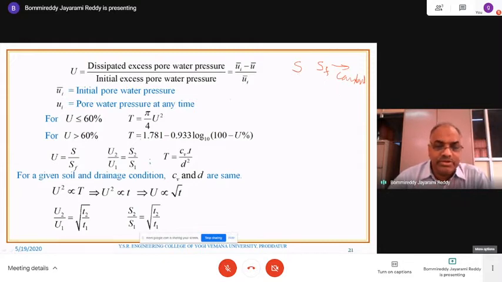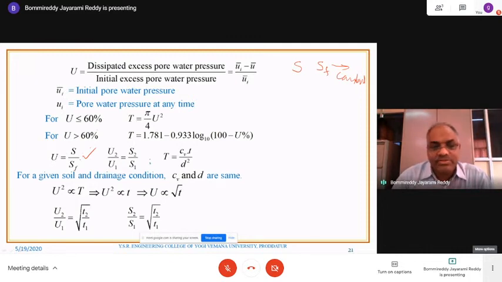So you can look at here, U equal to S by Sf. That means degree of consolidation, how much percentage is consolidated, is represented by the degree of consolidation. Sf is the maximum possible settlement, S is the settlement at that time, and the ratio will be the degree of consolidation.